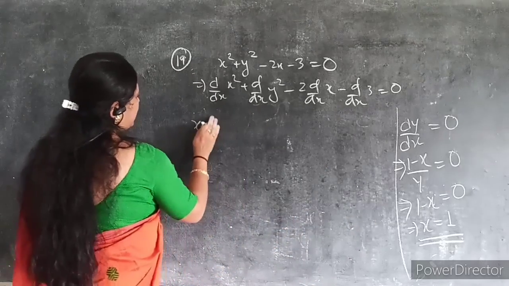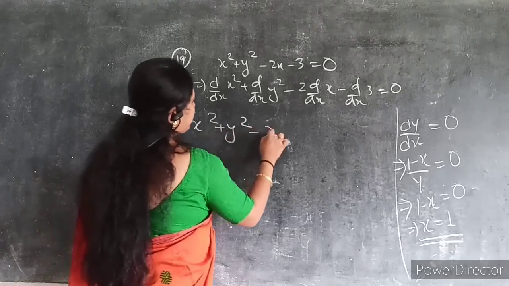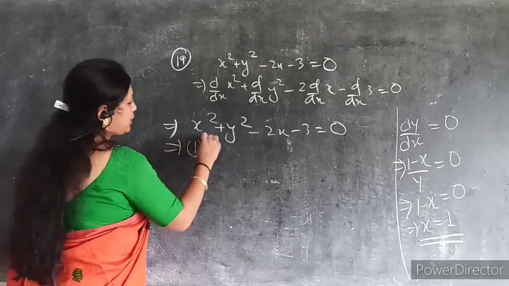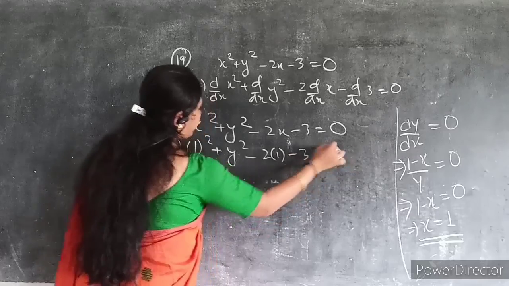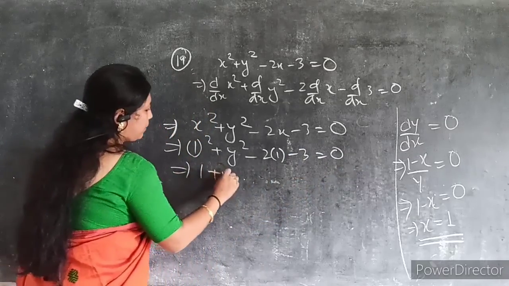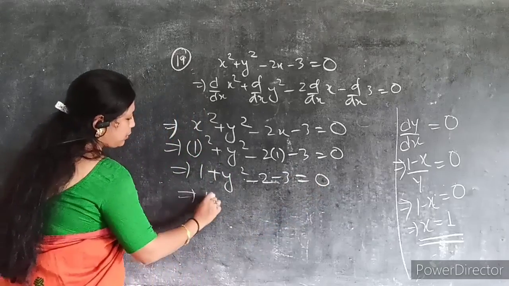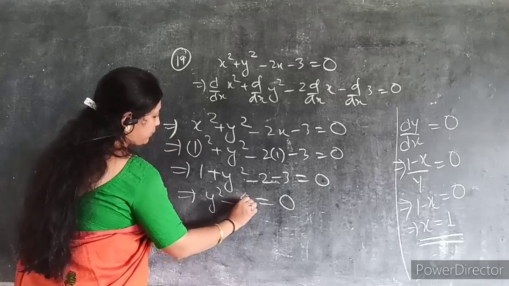So here your main equation is x square plus y square minus 2x minus 3 equal to 0. So let us substitute here, then only we shall get the value of your y. So 1 plus y square minus 2 minus 3 equal to 0. That means y square minus 4 equal to 0.